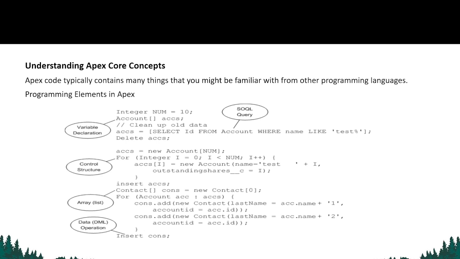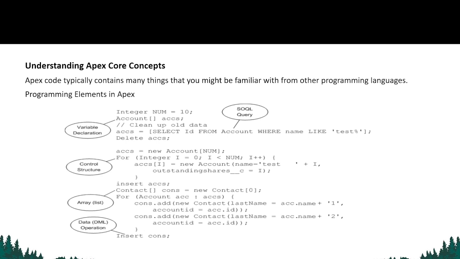Then we have the way that shows how the programming language works, which is very similar to other programming languages. The elements in Apex are, first, your variable declaration, and after that you use SOQL, the Salesforce Object Query Language. Then the query is generated in SOQL.